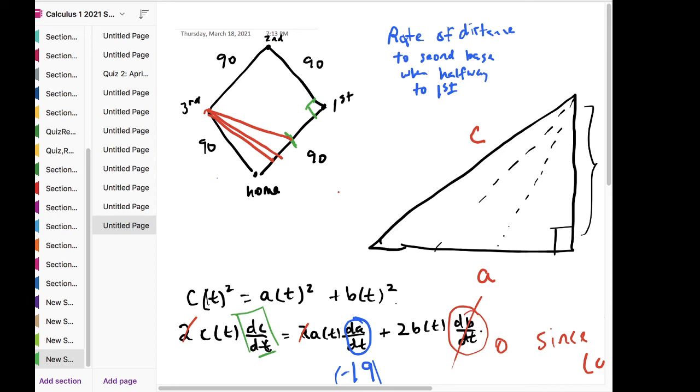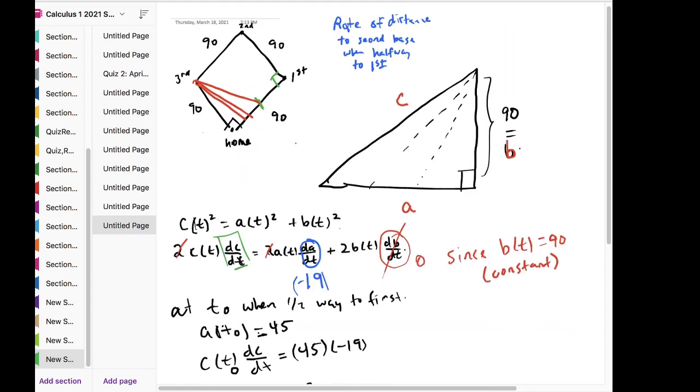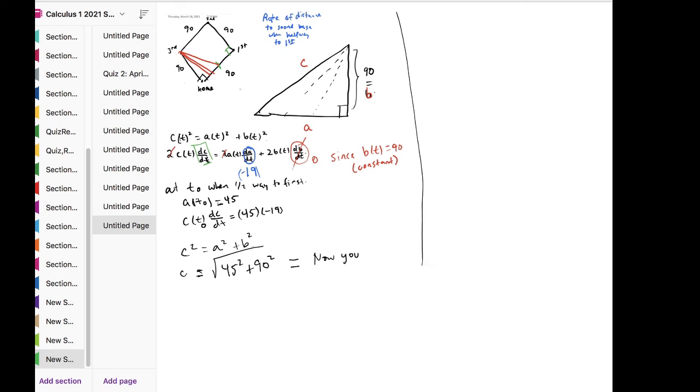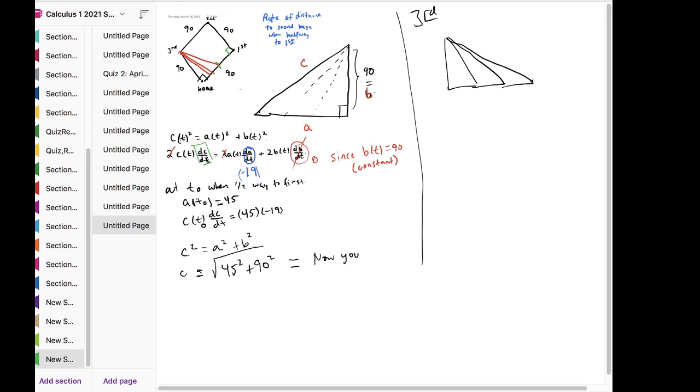Remember, it's a square, so it's a right angle there. So these are right triangles. This is the third. This is fixed to be 90. And this is increasing at a rate of, I already forgot, 19.